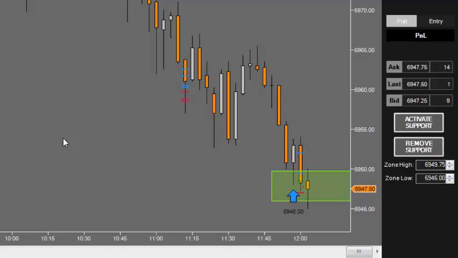To do that, you just go over and click the remove support button right here. But as it is right now, it's just taking a peek below the support, and I don't have all the details on what the support consists of. It was just order pending. Okay, it's just filled again. This time long, same fill price, 69.48.5.